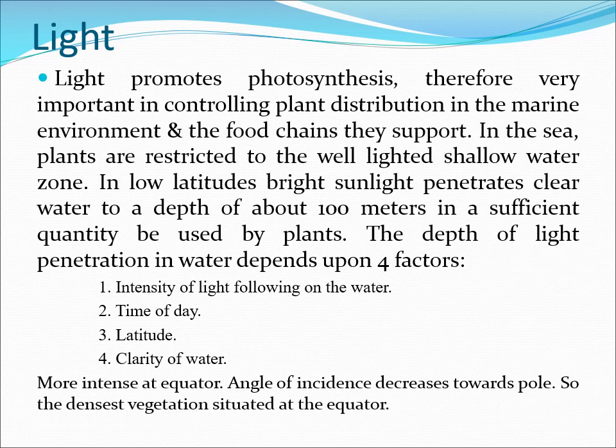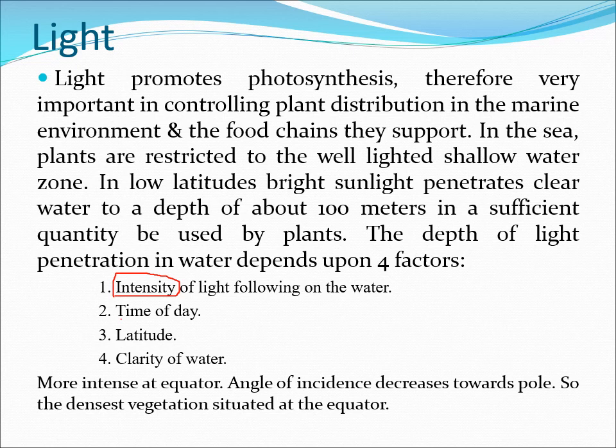As we know, the equatorial region gets more sunlight, whereas the polar region gets a lesser amount. So that intensity of sunlight is an important factor for how far light can penetrate. Although 100 meters is the maximum zone of sunlight in which photosynthesis can be done, that depth can also vary from equator to pole.